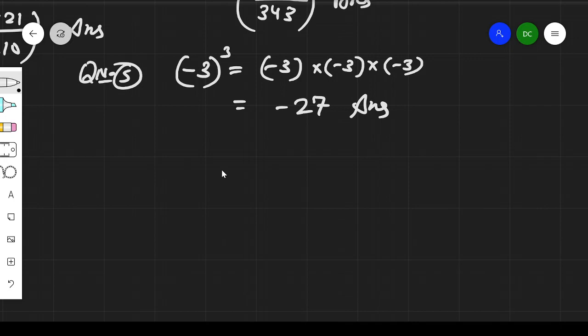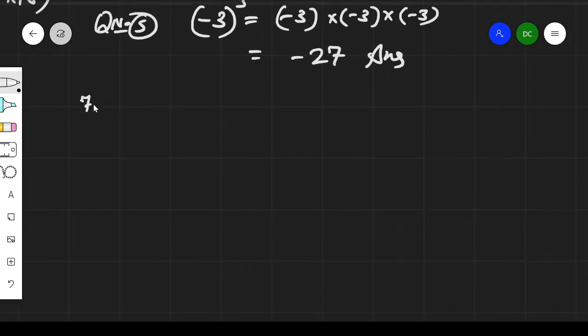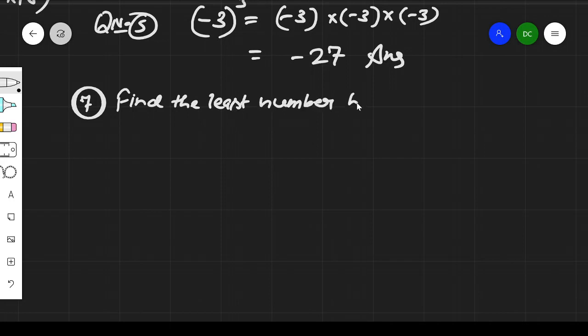Now, one more question, question 7. Find the least number by which 1323 must be multiplied.